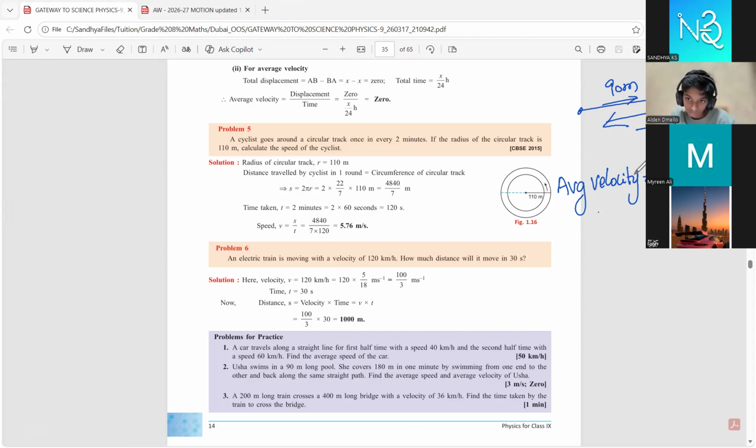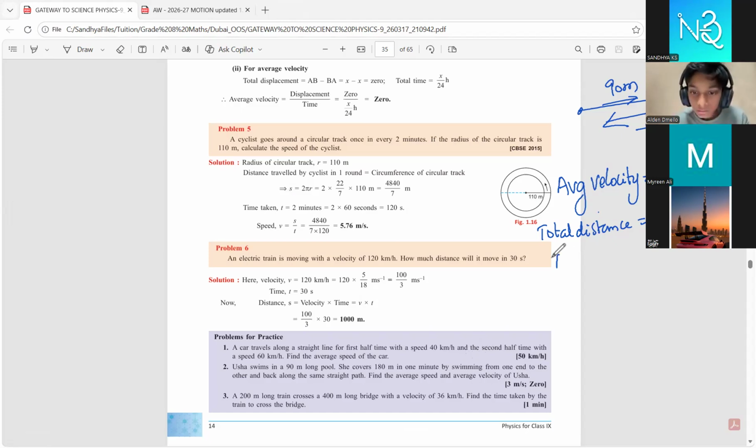So second part easy. Average speed only you need to find. So average speed, how will you find? Total distance you need to find. Total distance is equal to 90 plus 90, that is 180 meter. Already it is given in the question. Now, she covers 180 meter in 1 minute.